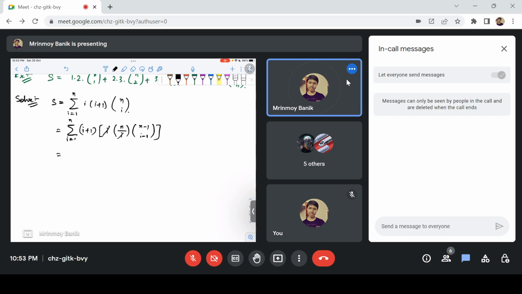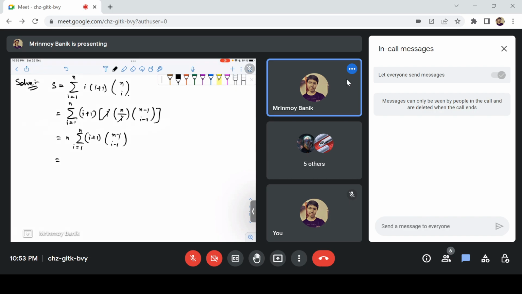Take the n out. Now we can write i plus 1 as i minus 1 plus 2, and now break the sum into two parts.